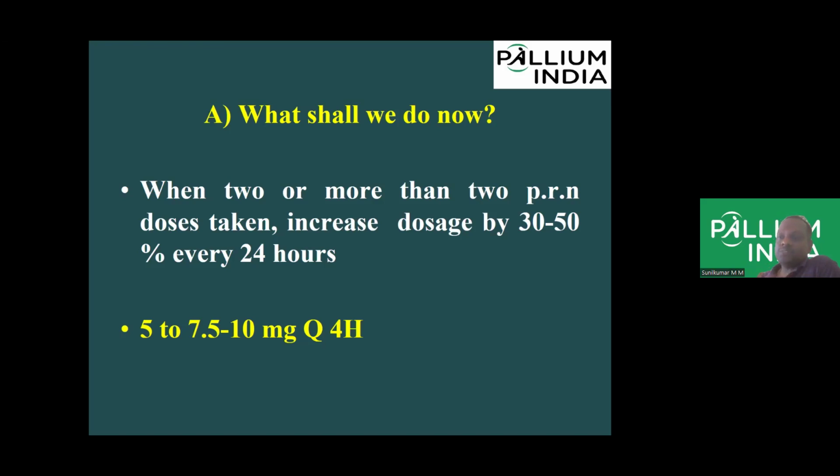So the total dose would be 6.5 milligram, which obviously would not be possible to give. So we would go for a 50% increase. 50% of 5 is 2.5. So 5 plus 2.5, 7.5 milligram. So you can give 7.5 milligram every 4 hourly with the same 7.5 milligram as SOS dose.